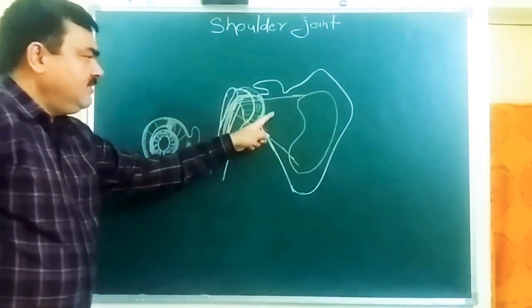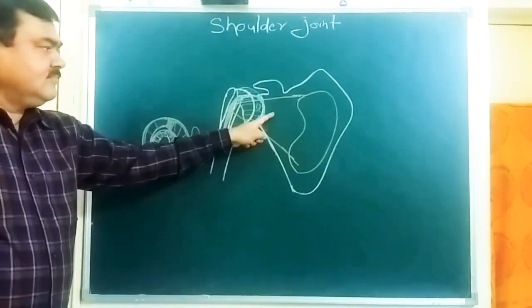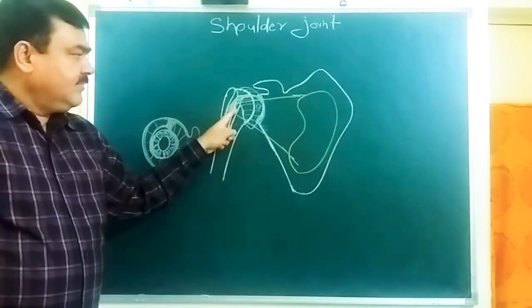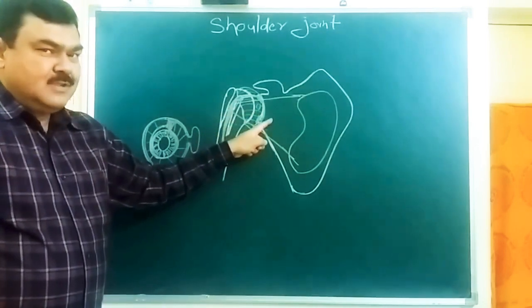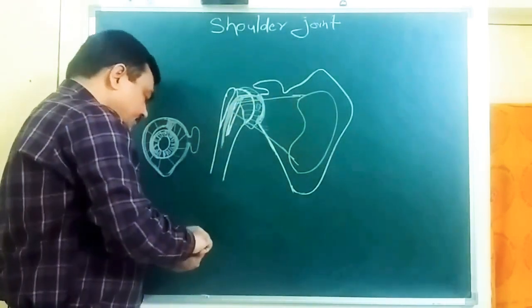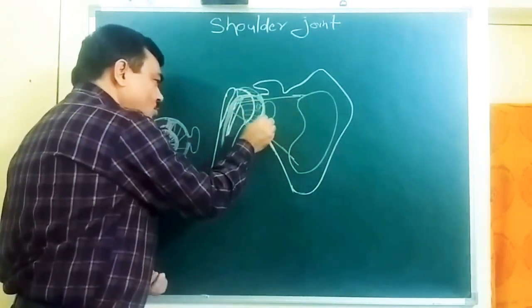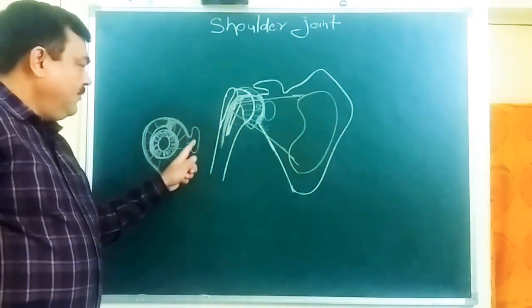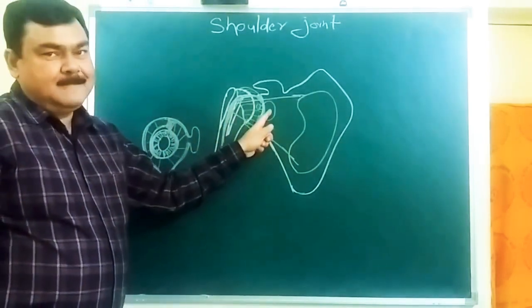So it communicates with this bursa. Deep to subscapularis there is subscapular bursa. Through this opening, this synovial cavity communicates with subscapular bursa.